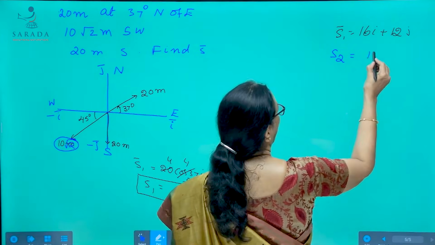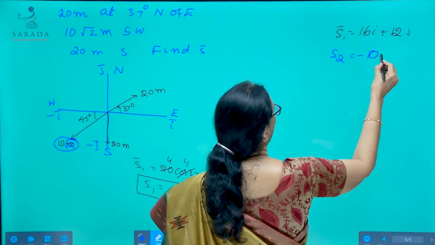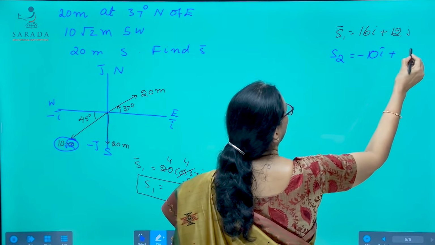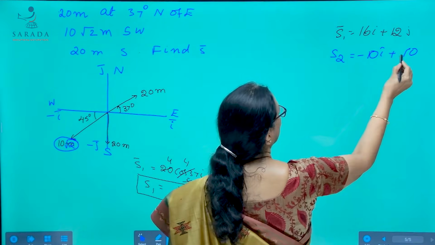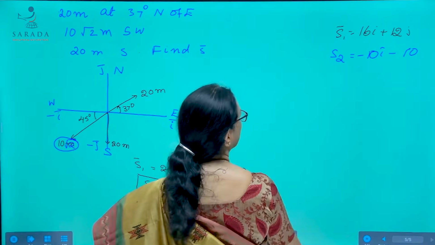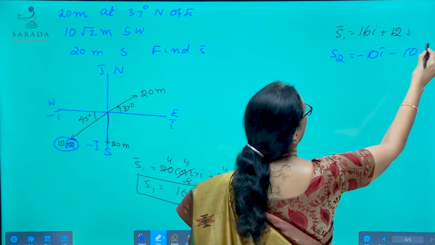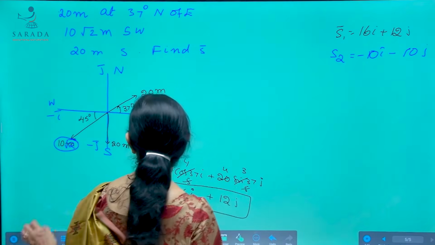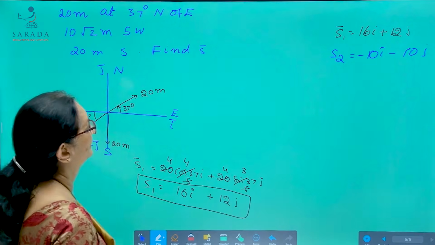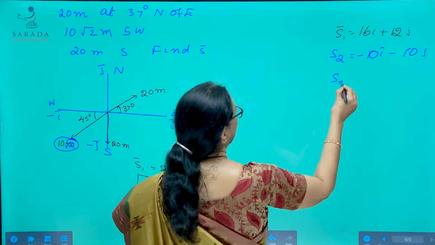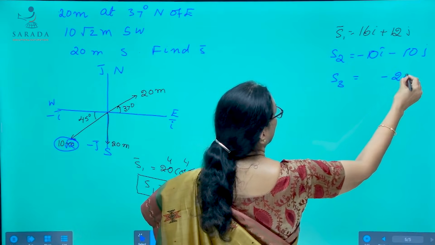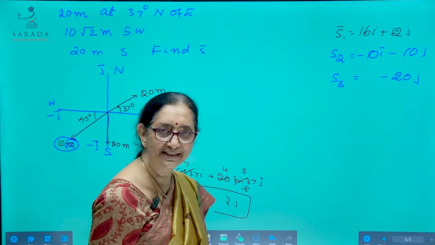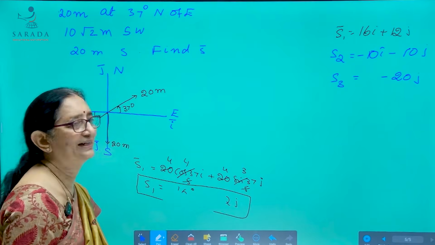So, it is 10 along west direction, minus i, 10 along south direction, minus j. So, this is minus 10i minus 10j. And then south, that is S3. South is minus j, it is minus 20j.